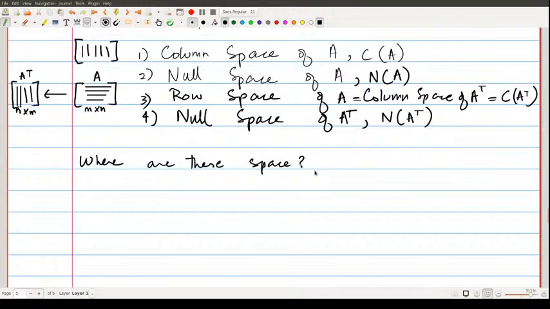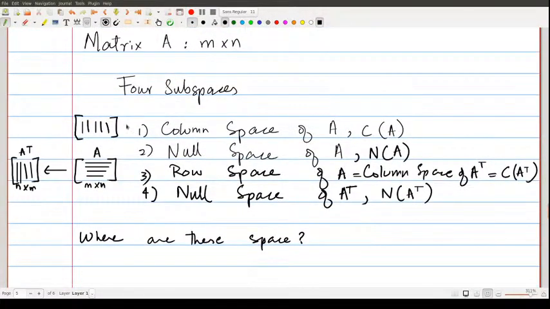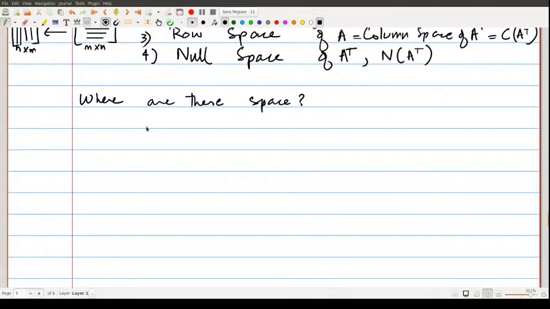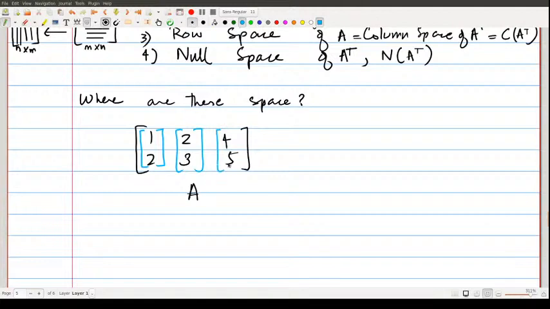So the first subspace, the column space of A. Let's take an example: 1, 2, 2, 3, 4, 5. This is the matrix A, and if I want to look at the column space, I look at all possible linear combinations of the columns. This is the first column, this is the second column, this is the third column. Each column has two entries, two rows.